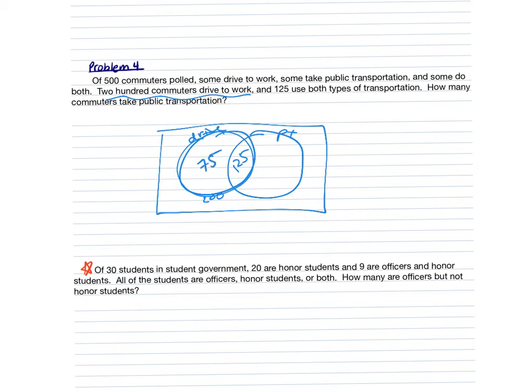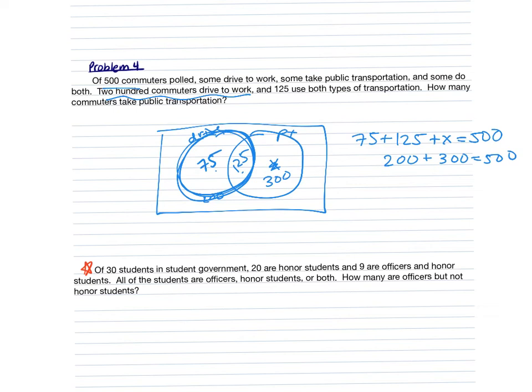Okay, so then since there are 500 total, this number here plus this number here plus this number here has to add up to 500. So 75 plus 125 plus x equals 500. 75 plus 125, we don't need a calculator for that, that's 200. So there are 300 who use public transportation only.